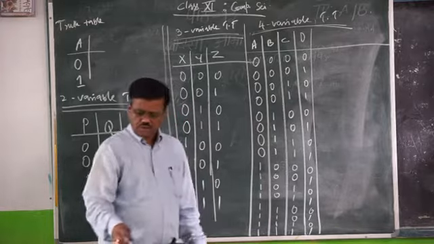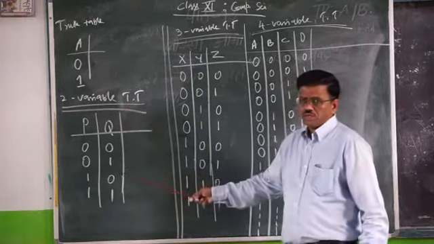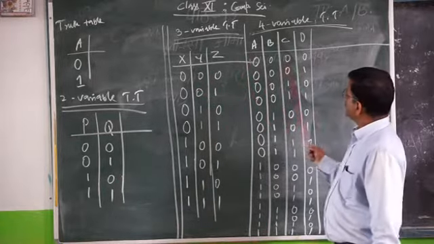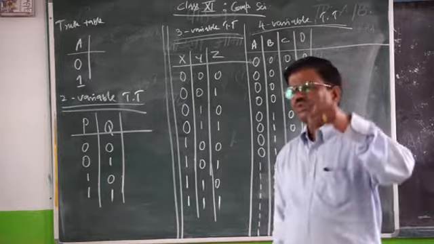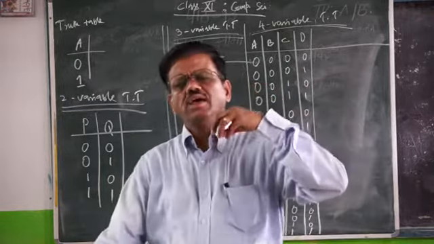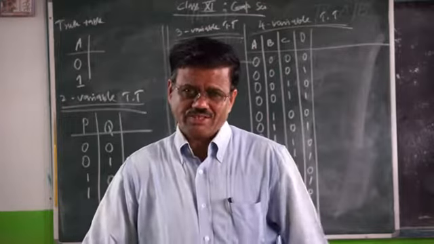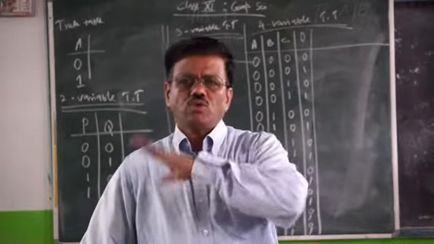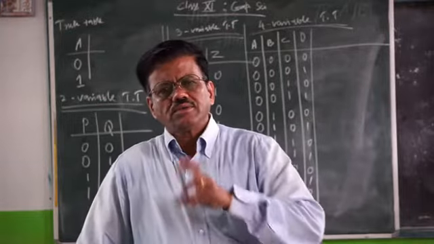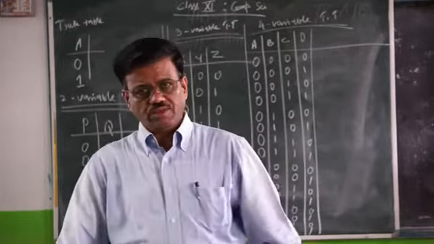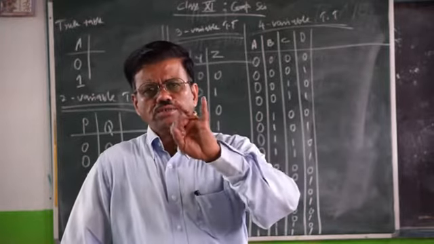Please note, boys and girls, I taught you the truth table with 1 variable, 2 variables, 3 variables, and 4 variables. If you can do it for 4 variables, I am sure you can do it for 5, 6, 7 and n variables comfortably without any mistakes. I am confident of it. Then I will teach you how to draw the logic network. There are 3 gates you need to know: AND gate, OR gate, NOT gate.